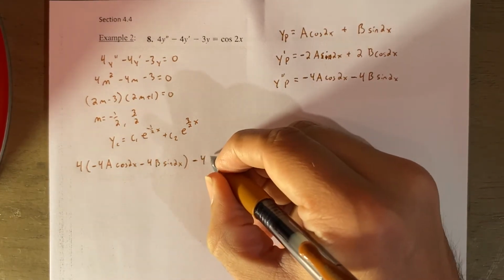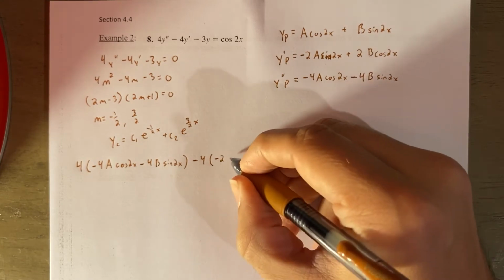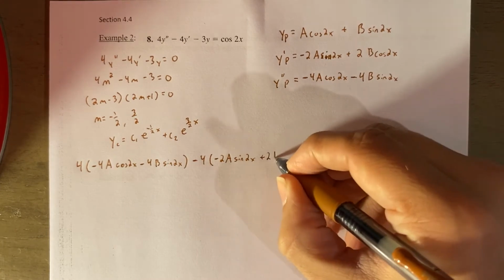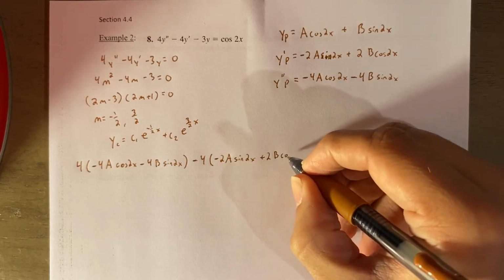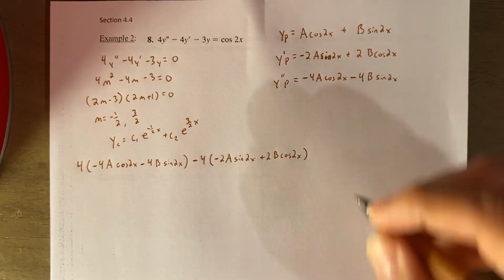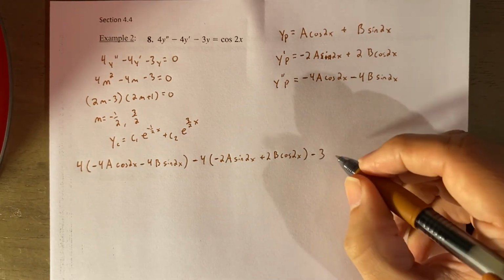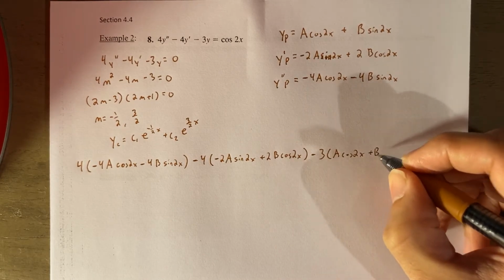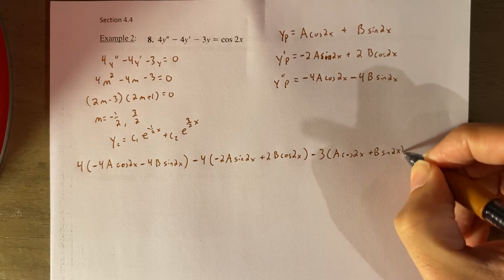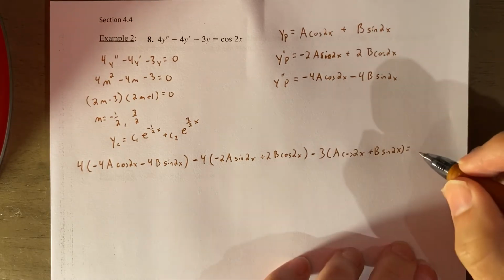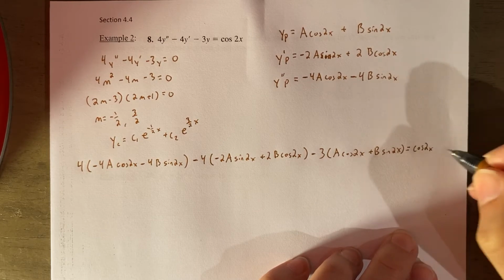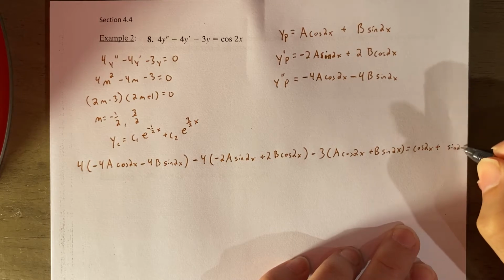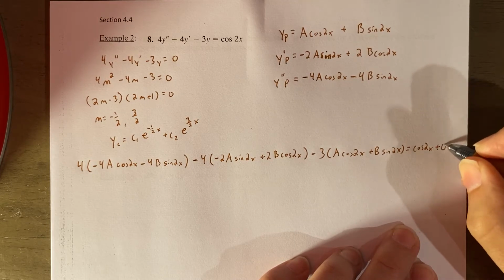minus 4y prime, which is going to be negative 2a sine 2x plus 2b cosine 2x, minus 3y, and we get a cosine 2x plus b sine 2x, and that's equal to cosine of 2x plus, we want a sine of 2x there, but it's not really there, so the coefficient for this is really 0.